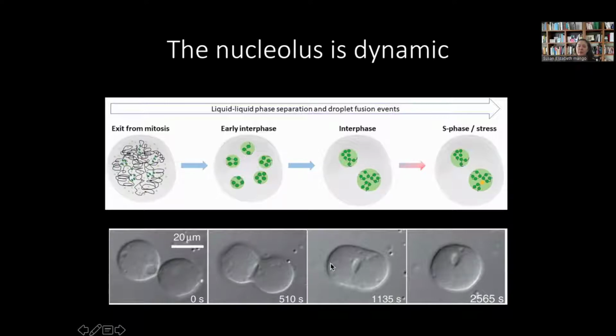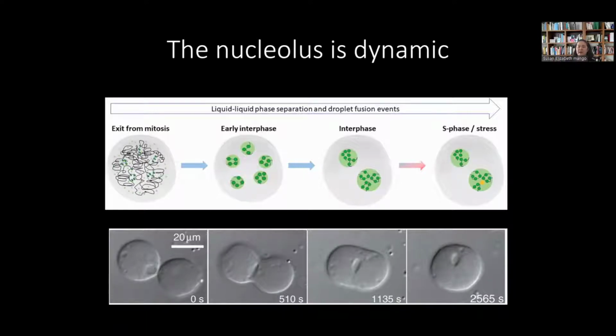In fact, what people have found is that the nucleolus behaves like a droplet. It's phase separated, and it behaves like a liquid droplet inside the nucleus. So you can imagine a droplet of the nucleolus here, a droplet here, and then they're merging together.